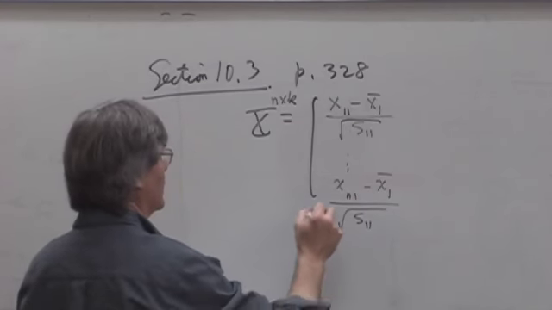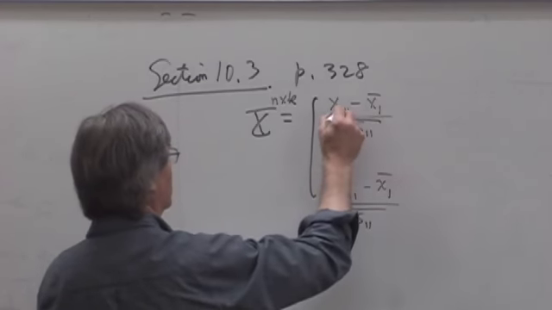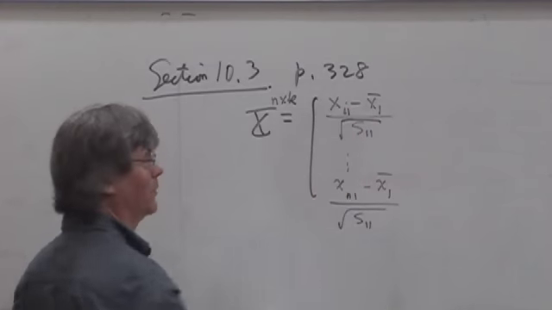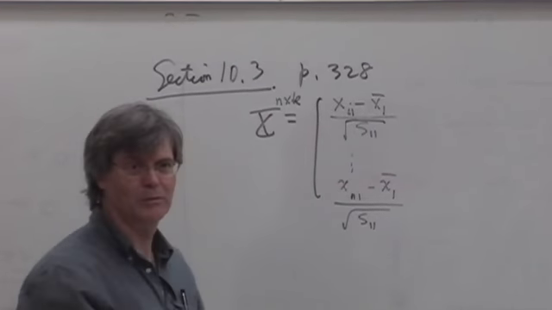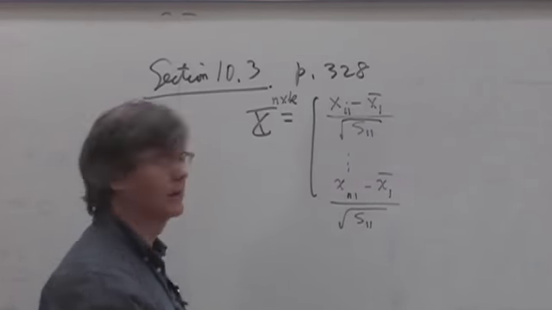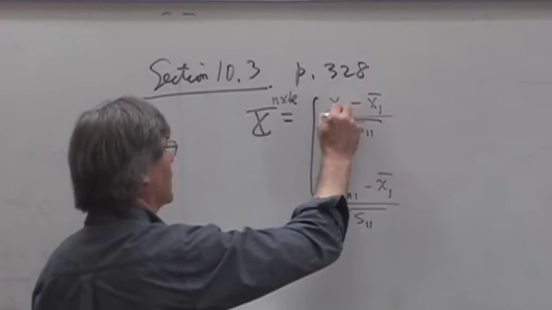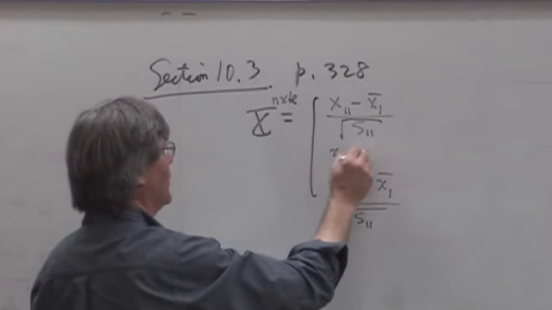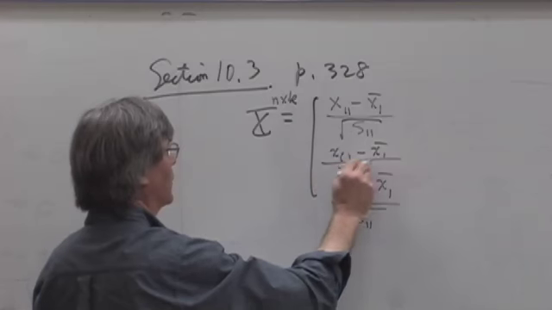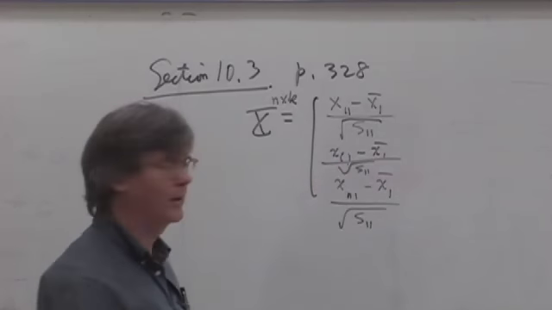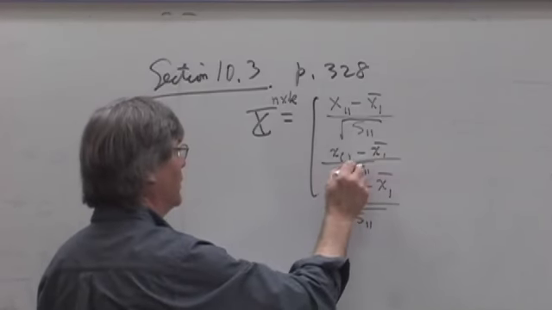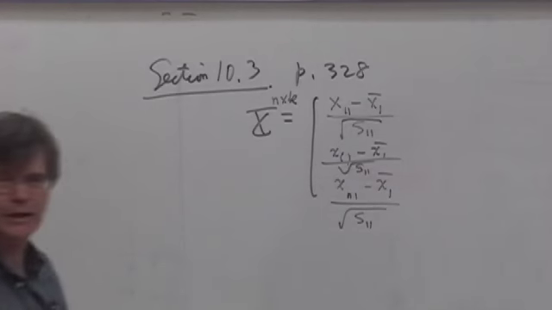All right. So the generic term is xi1 minus x1 bar in the first column. Okay, i goes from 1 to n. Okay, xi1 minus x1 bar over the square root of S11. Okay, capital S, well, that's the variability of the first variable. Okay?